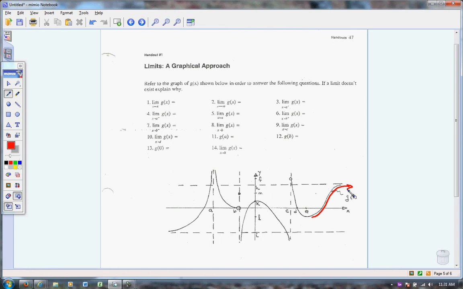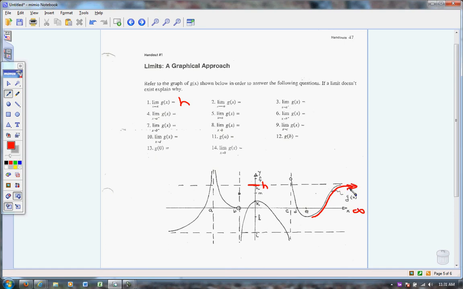What function value is it approaching? Now, if you look at this graph, see this label right here? It's supposed to be h. So the answer to number one is h, right? The function, as we go towards infinity, infinity is way over here, the function is approaching h.